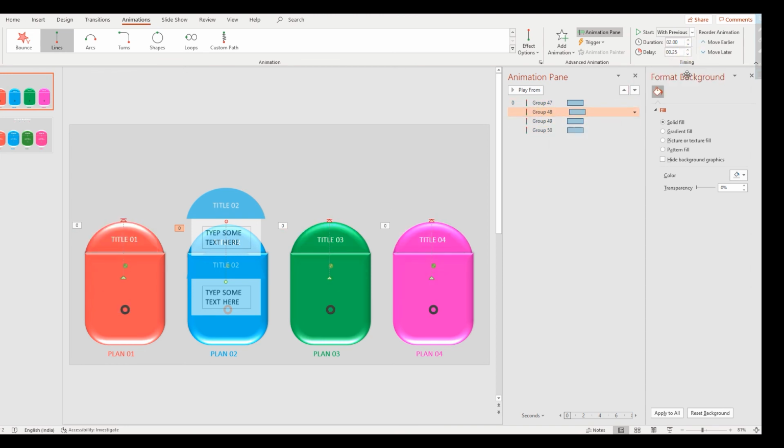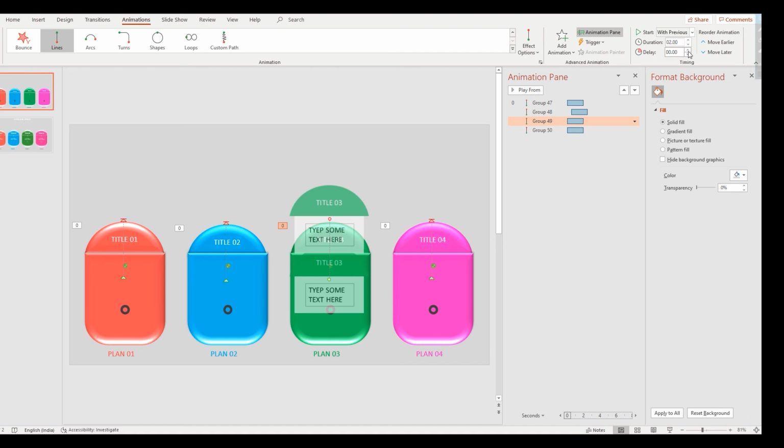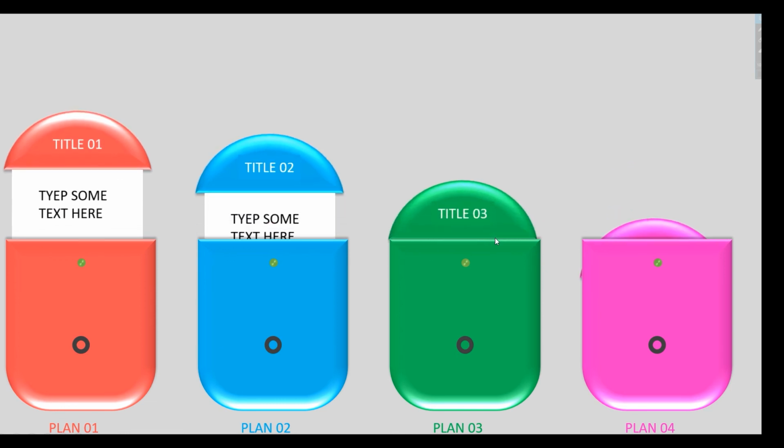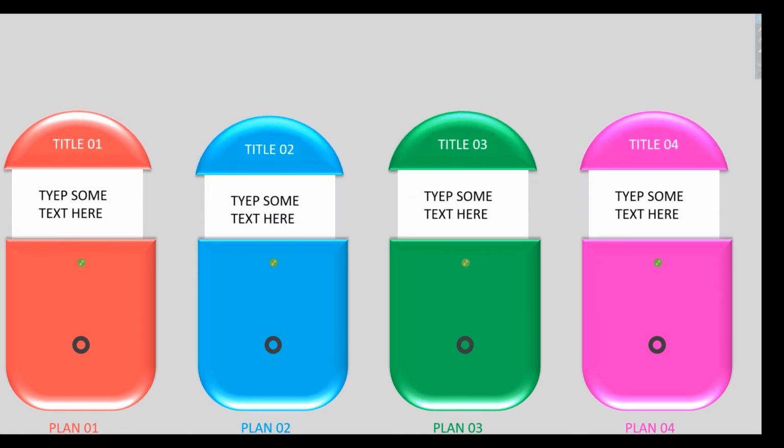Everything we need to give the delay for one by one, we need to get right. That is the reason we are giving the delay time. So as we seen previously, like this it will come. No, this is wrong. Again we need to do that one.